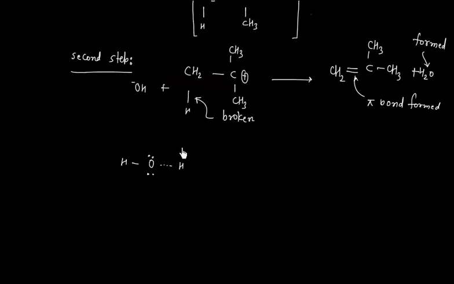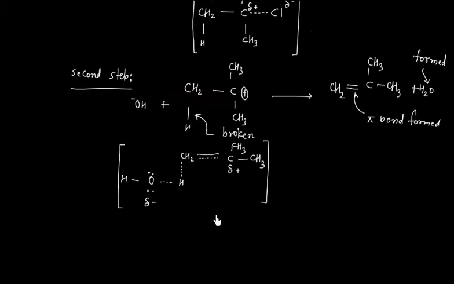This bond is slightly broken and there is a pi bond formation starts. So oxygen is losing some negative charge. This carbon will also lose some positive charge. So this will be the transition state.